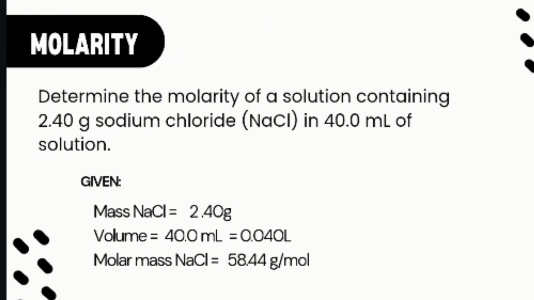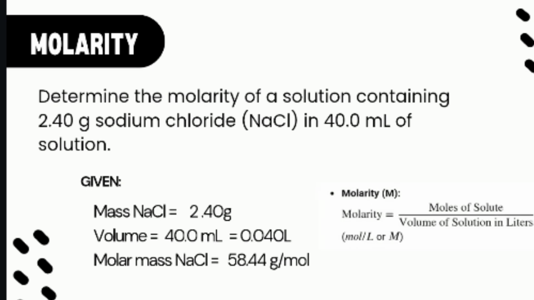The volume of solution is converted into liters by 40.0 ml divided by 1000, which equals 0.040 liters. Next, the formula that we're going to use is molarity equals moles of solute over volume of solution in liters.